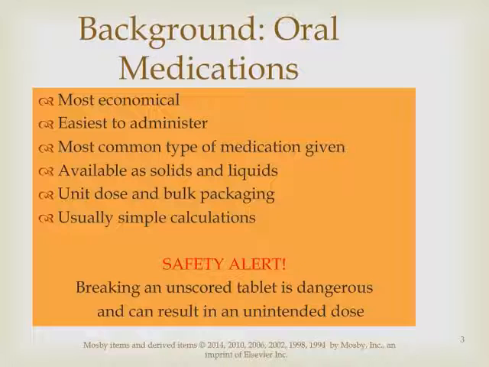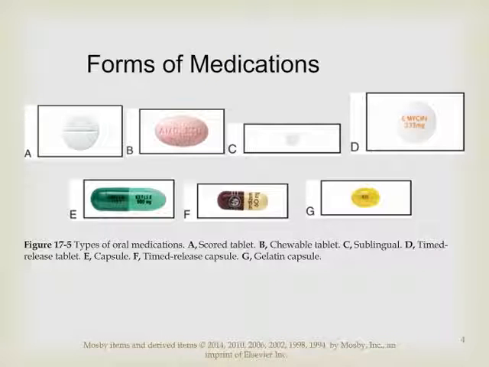On this slide, you can see different forms of tablets or capsules or caplets. So basically, tablets are powdered medications molded into shapes, and you can see that there are several different shapes, and I'm sure you're aware of those.